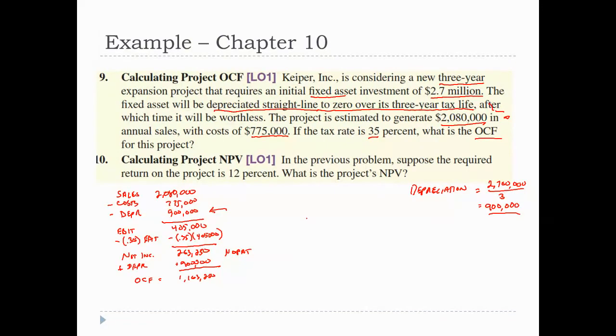Moving along to part 2 of this question, or question 10 from the chapter, calculating the net present value. Well, now we're able to do that because now we know this project had an initial investment of $2.7 million at time 0. We know that each year this project is going to generate incoming operating cash flows of $1,163,250 in each of the years 1, 2, and 3.